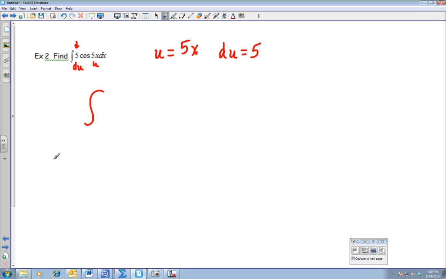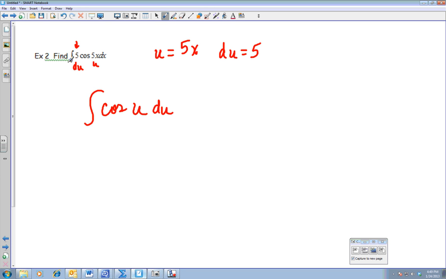That's what we want. So now I'm going to rewrite the problem. I have the integral. I'm not going to write that 5 because that's du, and I'm going to write that down in a minute. Cosine, I'm not going to write 5x. I'm going to write u. And then I'm going to write du at the end. Even though that 5 was in the front, I always write my du at the end of the problem.